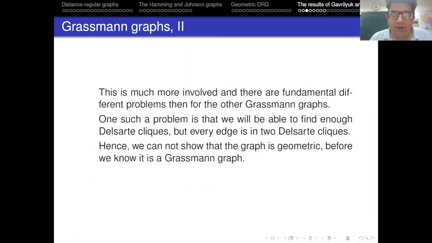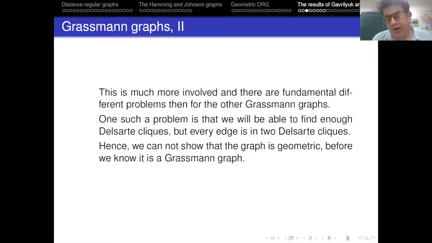To prove that the Grassmann graphs J_q(2D,D) are characterized by the parameters is much more difficult than for the other Grassmann graphs. One problem is that we will not be able to find enough delta cliques. Now we don't have that every edge is in one delta clique, but in two.